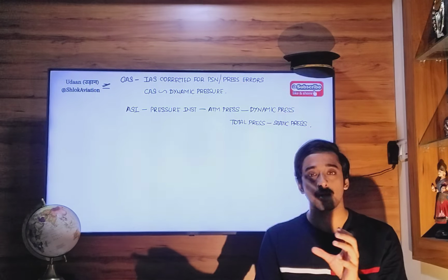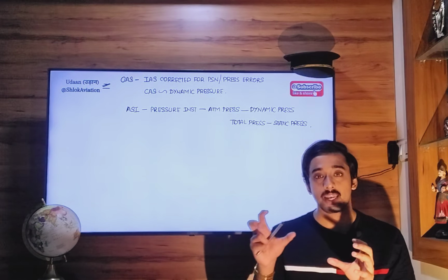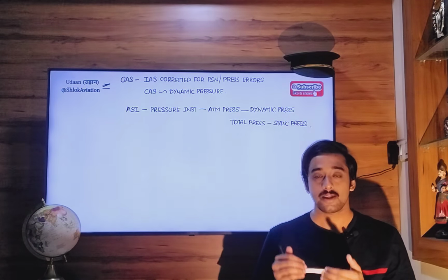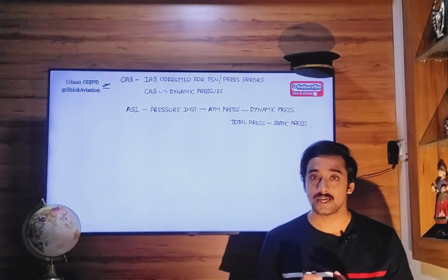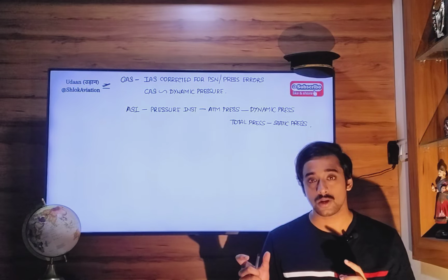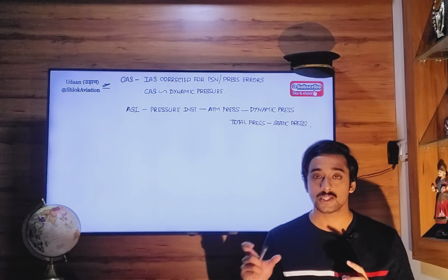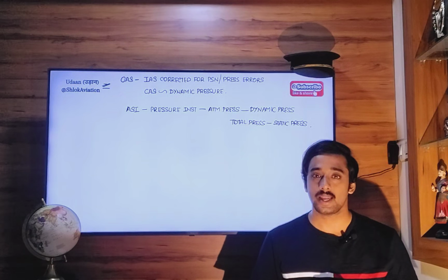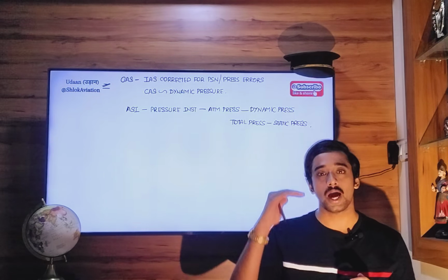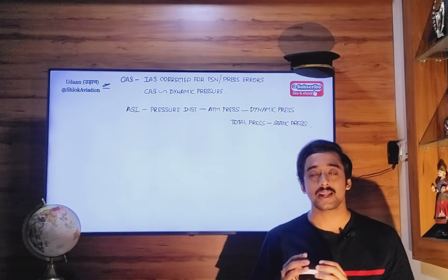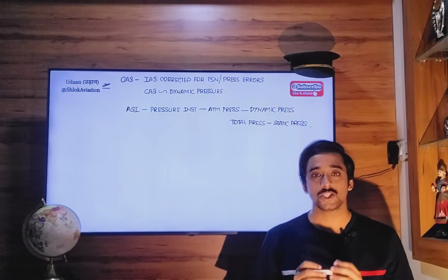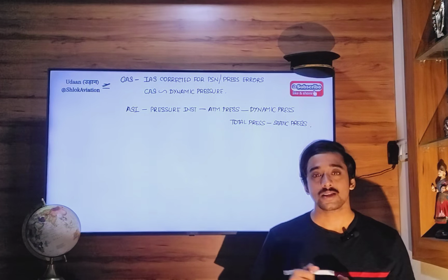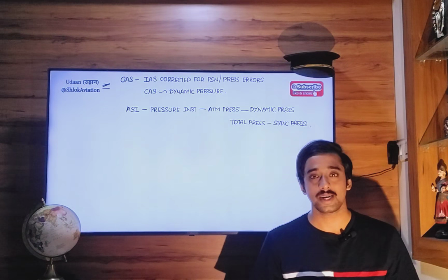If less atmospheric pressure is available, the dynamic pressure registered will be less, so the indicated airspeed shown on your speed instrument will also be lesser and lesser. So when you go to higher altitudes, because of decreasing atmospheric pressure, the pressure registered by your airspeed indicator also decreases, and as a result, the speed shown to you will also decrease.